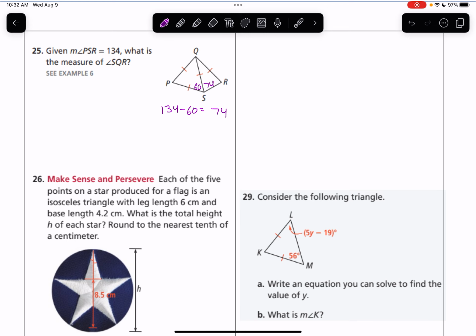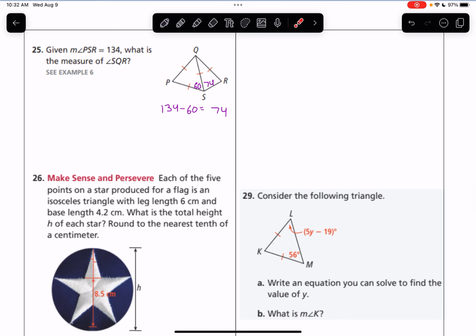But of course, QSR is an isosceles triangle. We have two side markings here, which means that we know that this angle is also 74. We're asked for the measure of SQR, so we can do 180 minus 74 minus 74 to find the measure of that missing, remaining angle, and that is going to be 32.